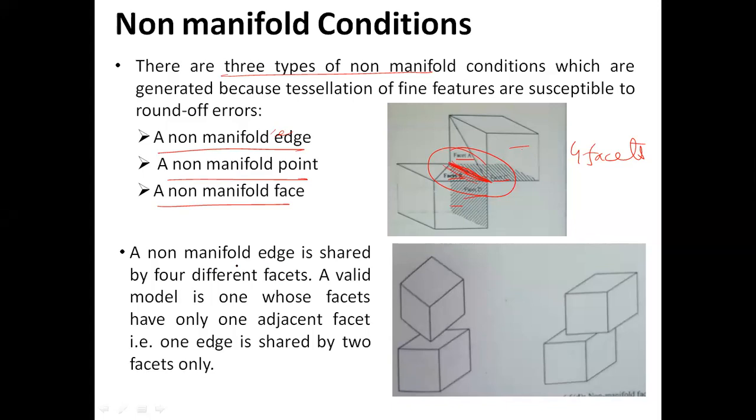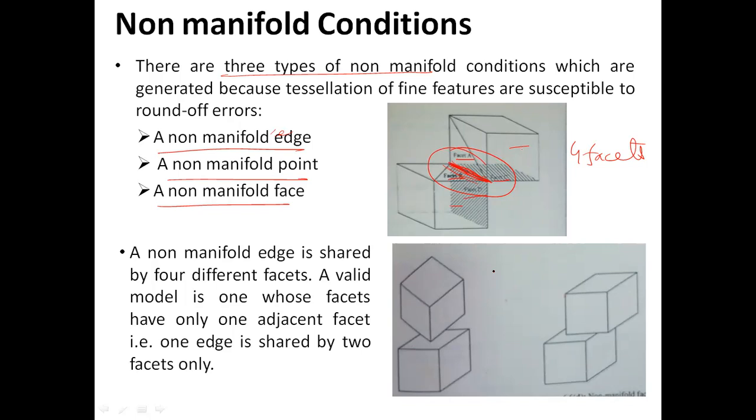Then a non-manifold point: this is the condition of a non-manifold point, where the point is being shared by how many edges? 1, 2, 3, and this surface. Again, this condition generally doesn't happen during CAD modeling, because generally we join the two objects either by moving point to point or edge to edge.